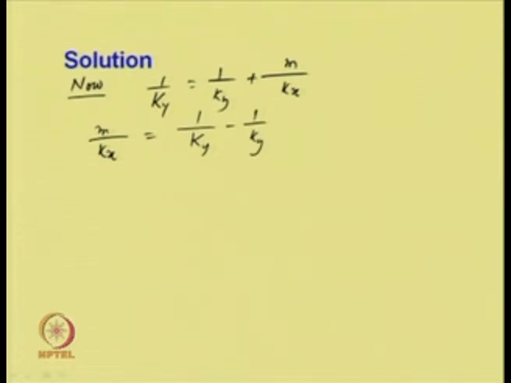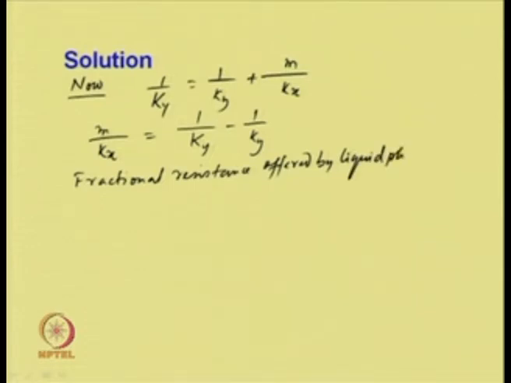and we know that fractional resistance offered by liquid phase is equal to m by k x divided by 1 by capital K y, which is equal to m capital K y by small k x.